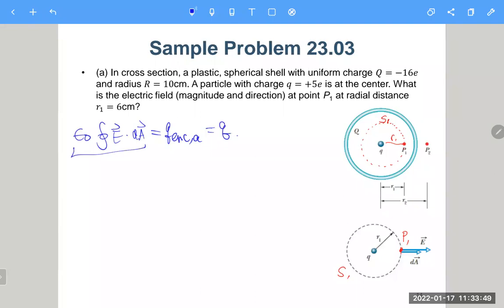Similar to what we argued on the previous page, this is epsilon naught E times the integral of dA, because this is uniform.